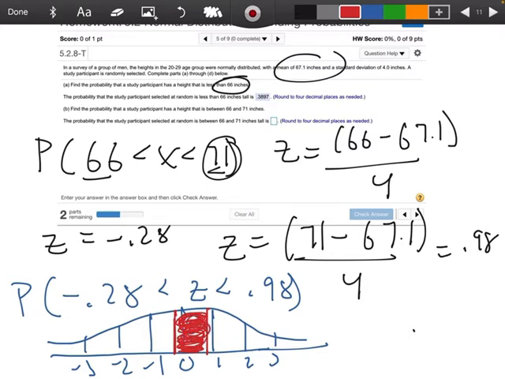So again, one more time, when I go normal CDF, my lower value is right here, negative 0.28, and my upper value is right there, the 0.98. So let me do this part on my calculator.